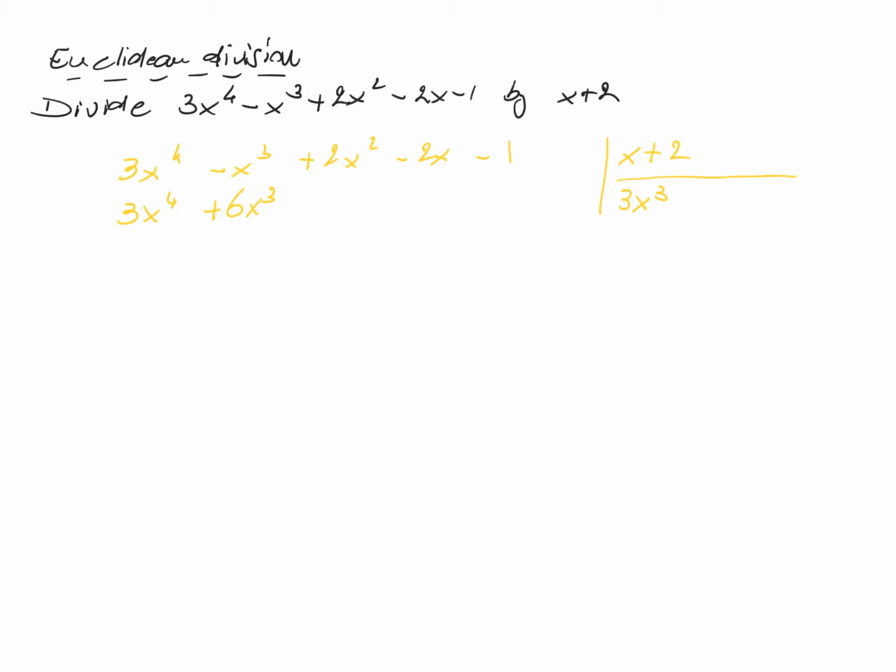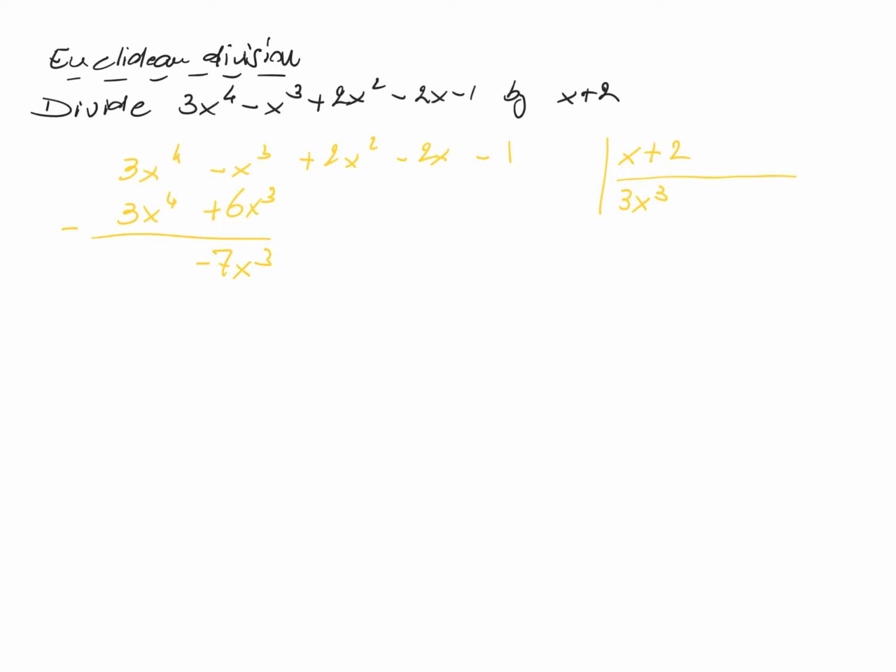And then we write the result below p of x with the corresponding degrees one below the other. In the next step, we subtract this result from the original p of x. So the first term becomes 0, which is what we wanted to obtain by fitting x into 3x to the power 4. And then we have minus x to the power 3 minus 6x to the power 3. So this is minus 7x to the power of 3.